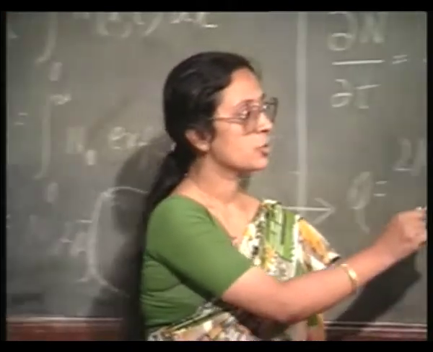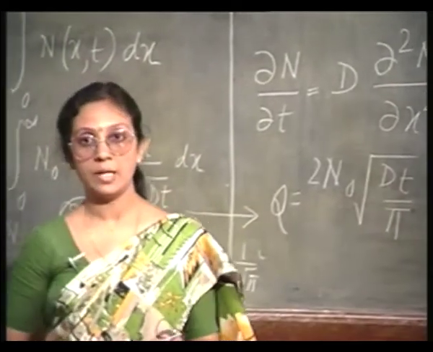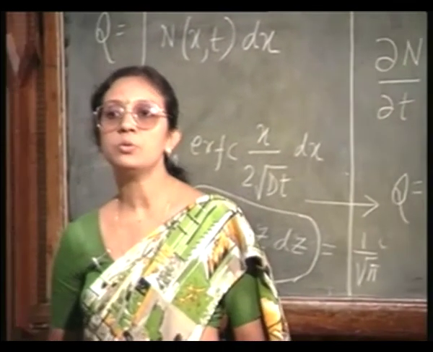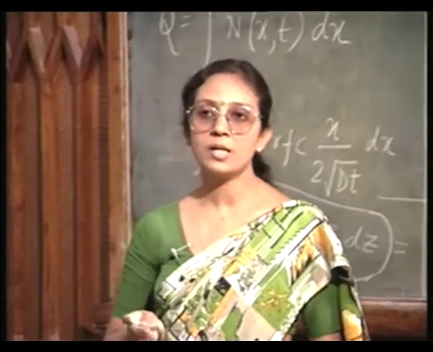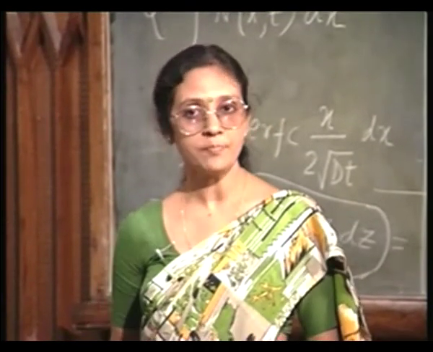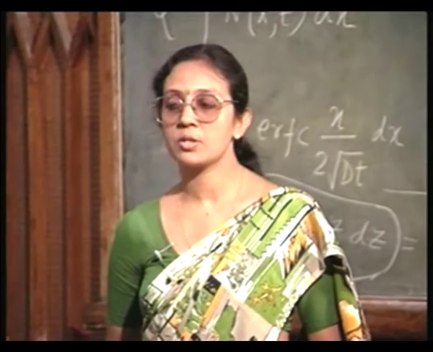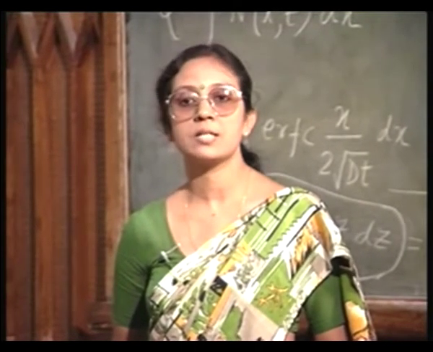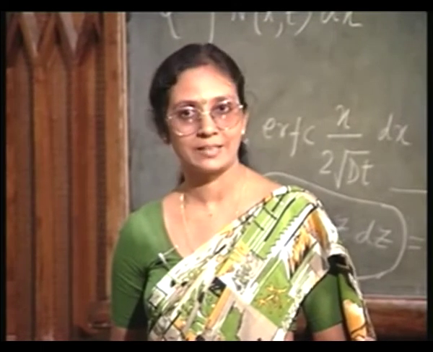And this square root of Dt is a very important factor as well, because this is going to be a measure of how far the dopant has gone inside the semiconductor. You see, square root of Dt actually has the unit of length. It is often referred to as the diffusion length.